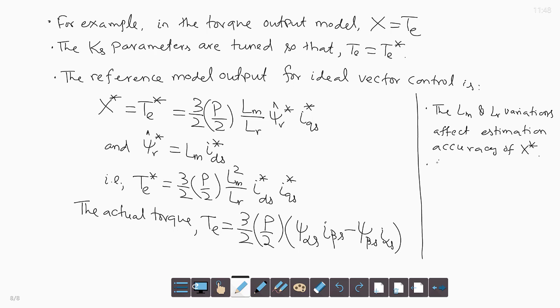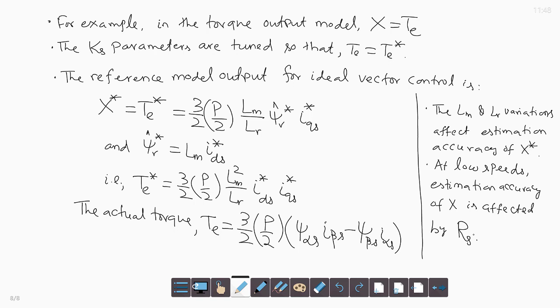Another issue, at low speeds the estimation accuracy of x is affected by the stator resistance R s, because at low speeds the voltage is also small.